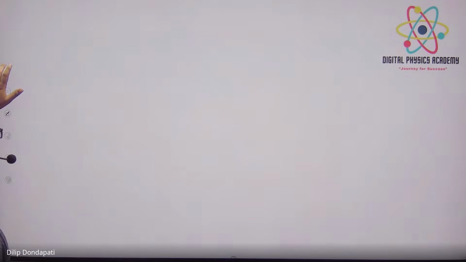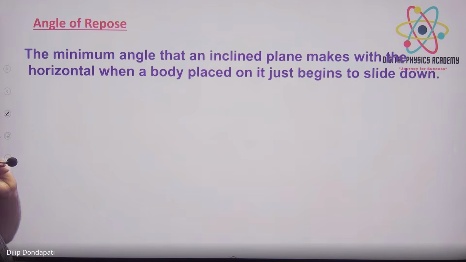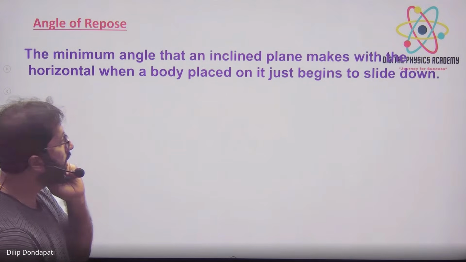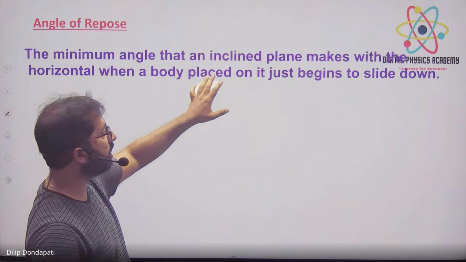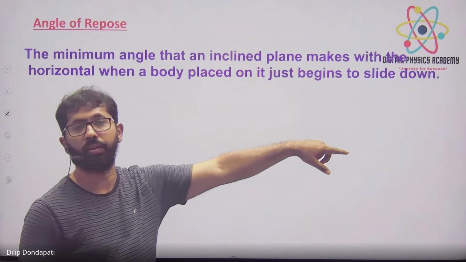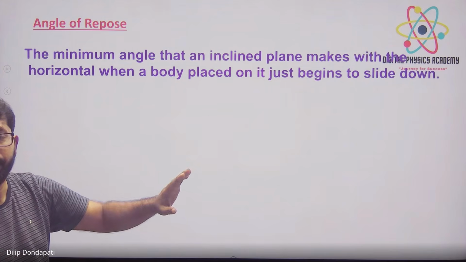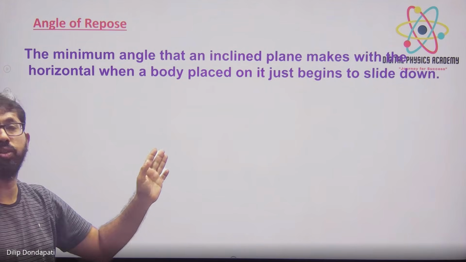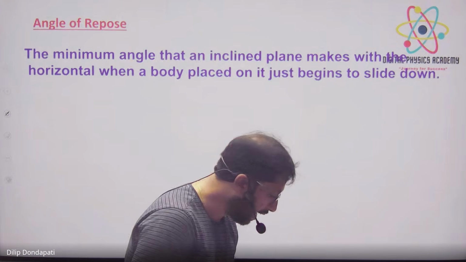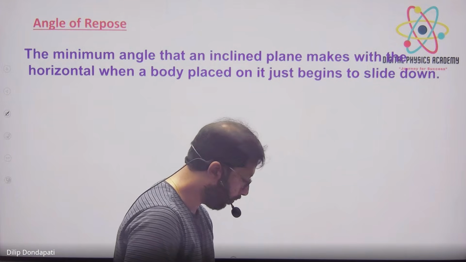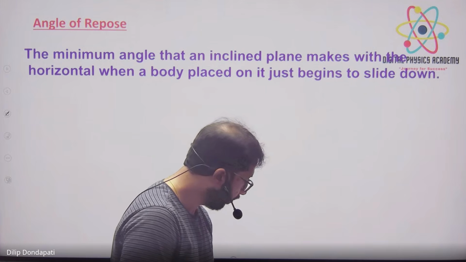Angle of repose is the minimum angle that an inclined plane makes with the horizontal when a body placed on it just begins to slide down. At that angle the body just begins to slide. That angle we call the angle of repose.